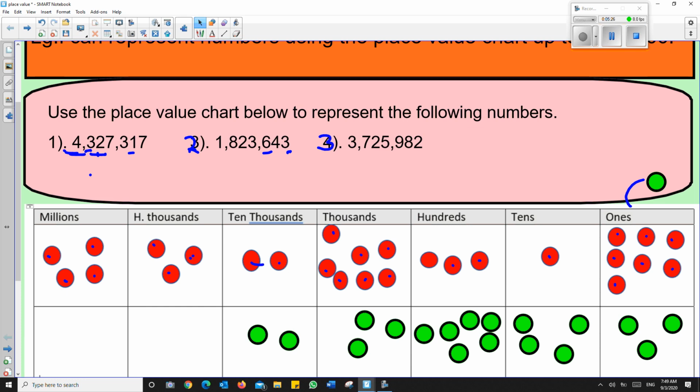In the 100,000 column, it is digit 8. So we need to put 8 counters.